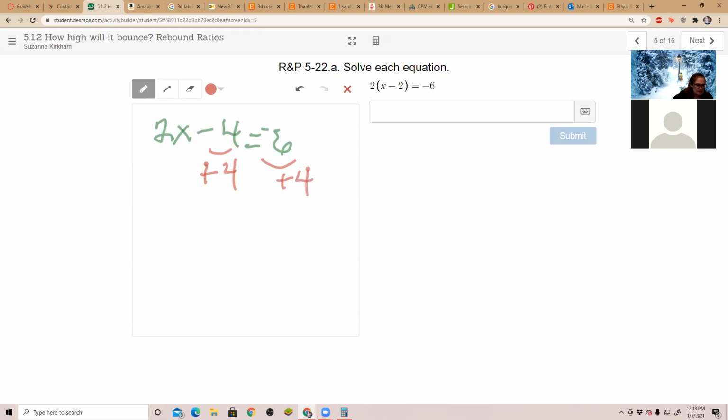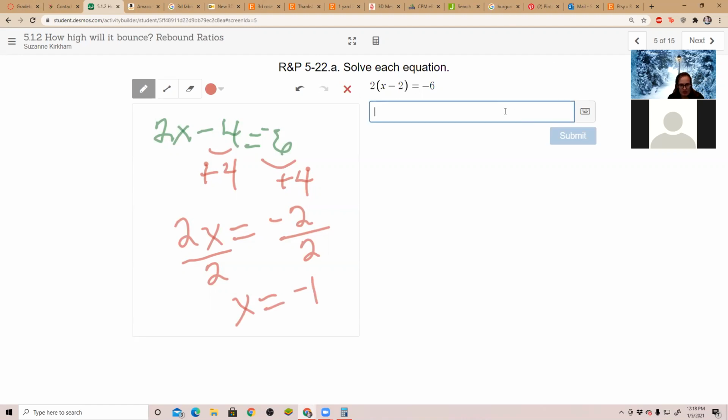All right, -6 plus 4 is -2. So 2x equals -2. Now we can divide both sides by 2. And we've got x equals -1. Okay, so that's the answer we put right here. X equals -1.